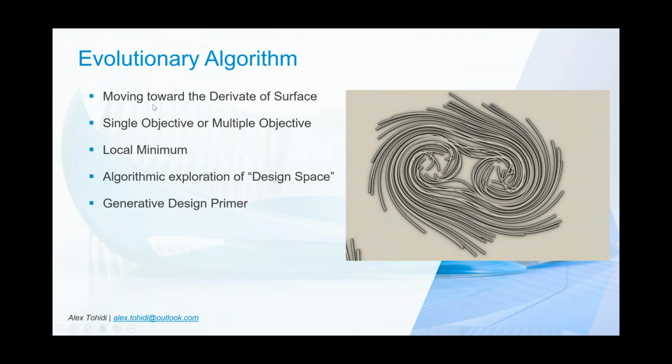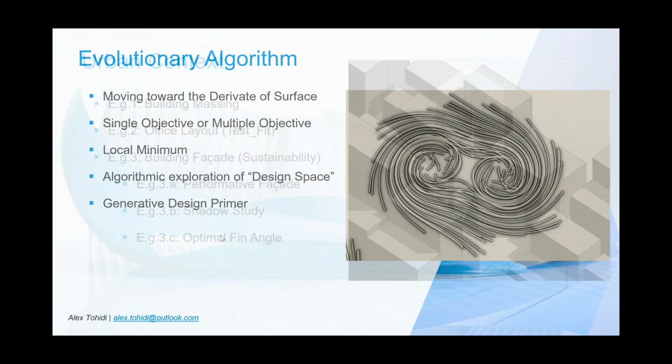This is essentially how an evolutionary algorithm works. It could be single objective, where there's only one goal you want to optimize, or a multi-objective algorithm. The danger of local minimum has to be considered. I'm just going to leave this here. Have more conversation with me after if you need to.